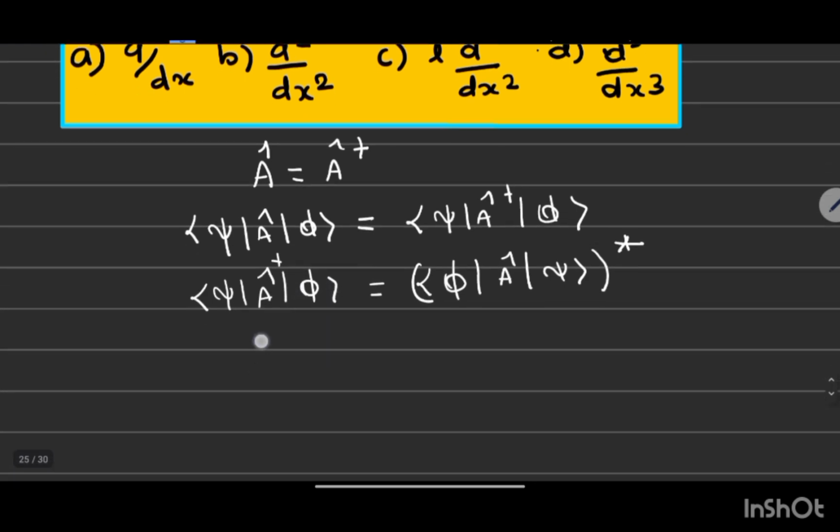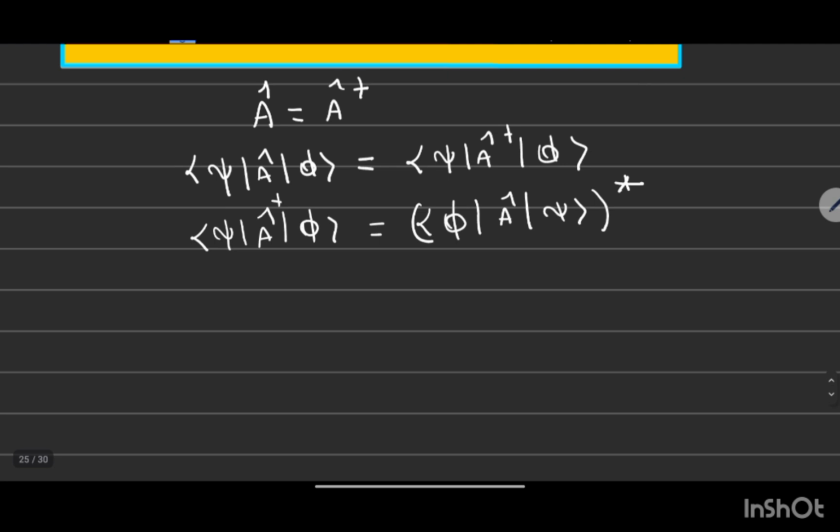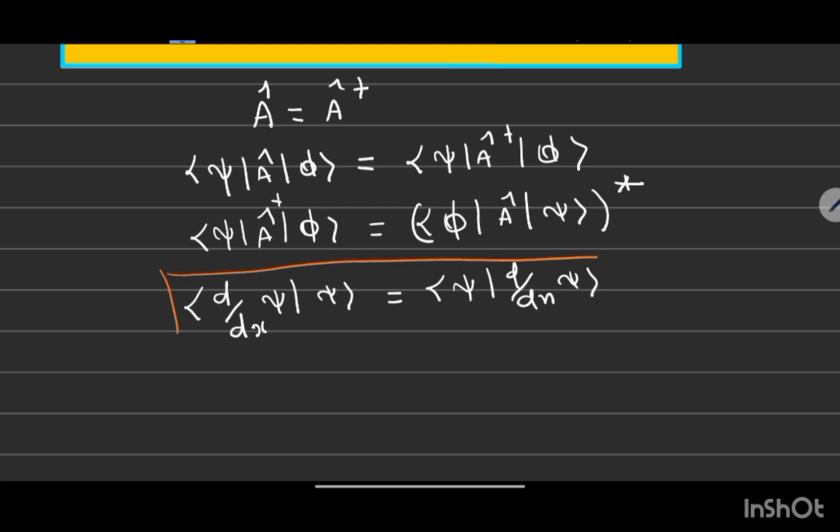The first operator is d/dx. You can easily check this in another way also. Suppose you operate the operator once on the bra vector and once on the ket vector. If both are equal, then this operator is a Hermitian operator.